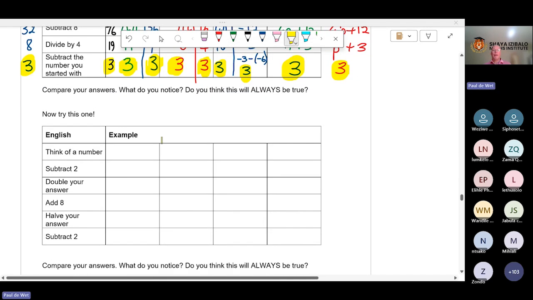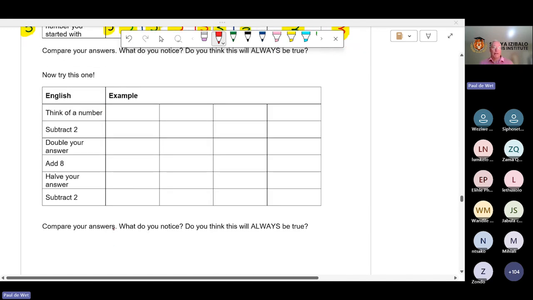Okay, now guys, I want you to try one of these. This is a new one. I want you to see what happens. I want you to do 2 or 3 examples and see what you notice, because something interesting happens here. Okay, this one's different, guys. Something interesting happens, but it's something different to last time. I'm going to do an example here myself.